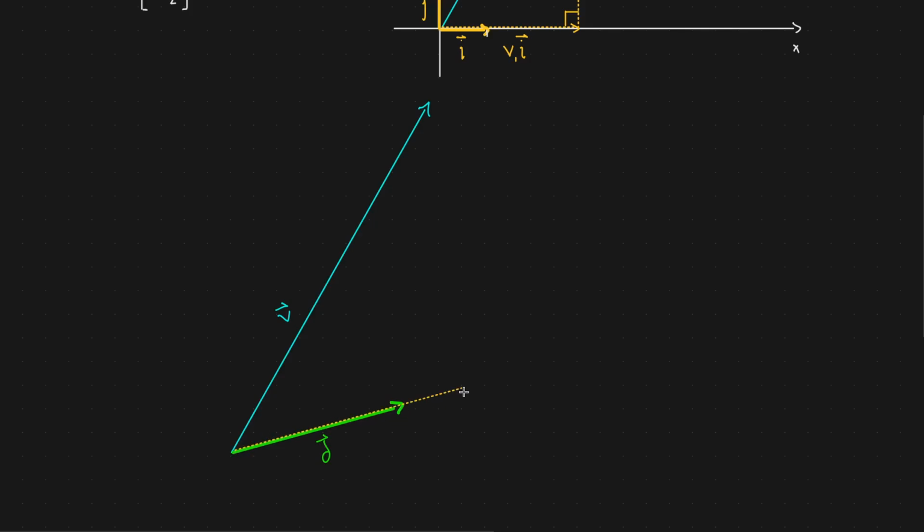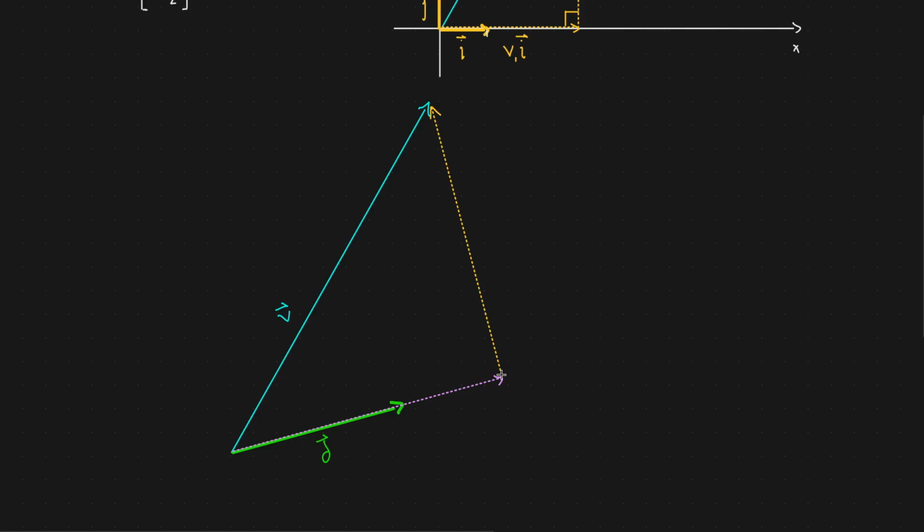So if we draw this, I'll try to draw this as best I can. We draw it here down. There we go. And actually I should probably do it in different colors. There we go.